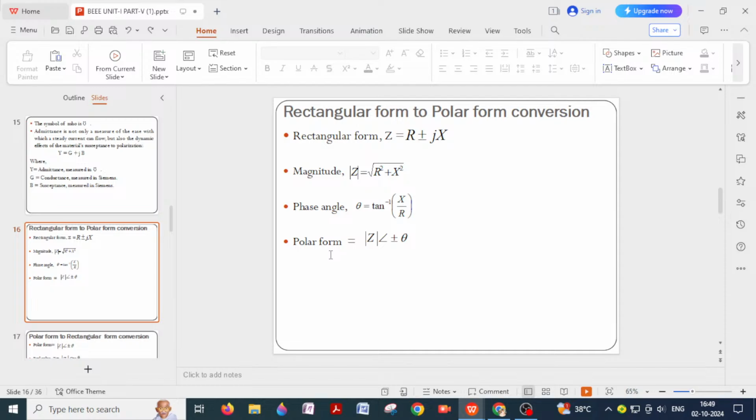Let us solve some numerical problems, and I will conclude this class after solving them. A non-inductive resistor of 10 ohms, a capacitor of 100 microfarad and an inductor of 0.15 Henry are connected in series.